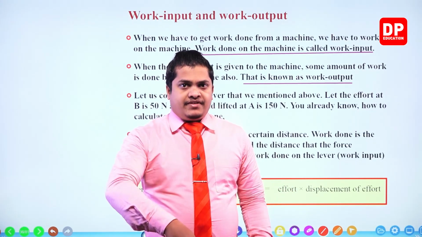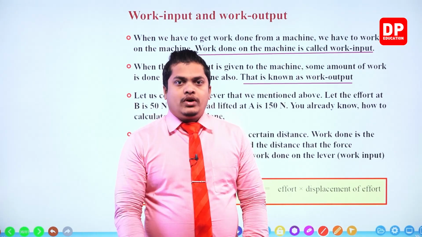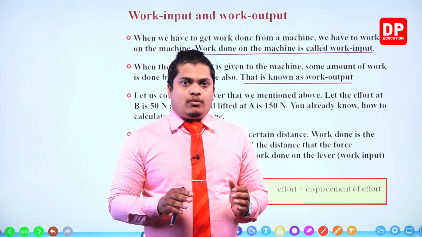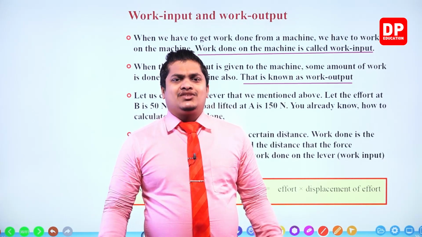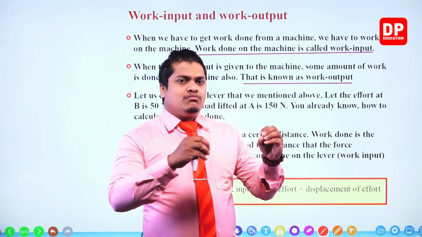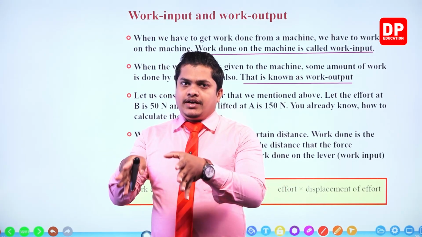When I am lifting the bag upward, the object moves upward, not downward. So to find out the work done, it's very simple: you multiply the force applied by the displacement traveled during the motion.